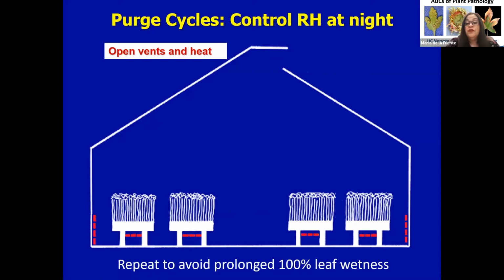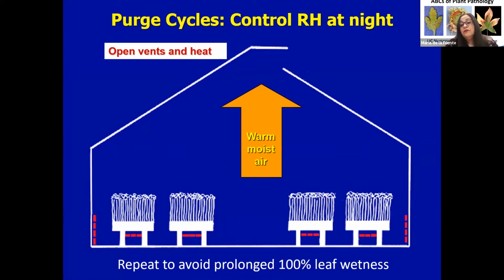prolonged times of 100% leaf wetness, because if you have problems with Phytophthora cactorum or with botrytis, this only takes 6 hours with some, 2 hours with others. So be very careful. It requires a lot of planning and making sure that you program either the person that helps you with the greenhouses or your program for controlling the greenhouses.